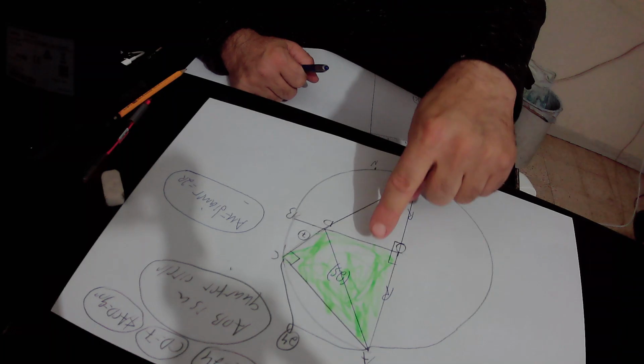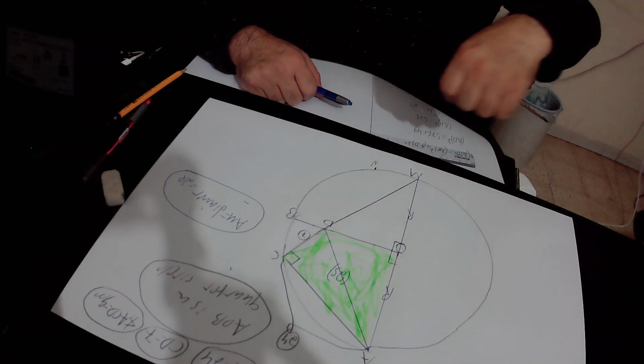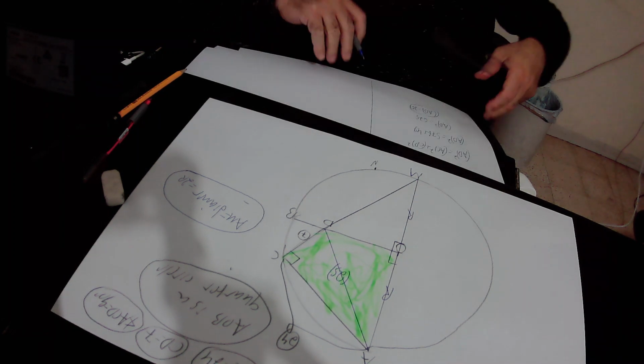So why can those two right triangles go into each other? First of all, AO equals OM equals R. They are both the radius of this circle, therefore they are equal to each other.